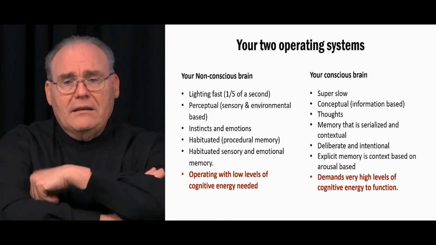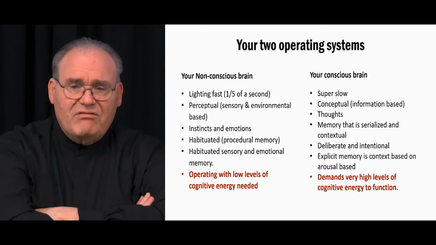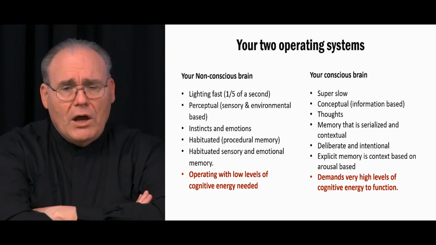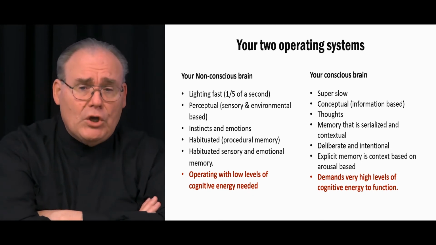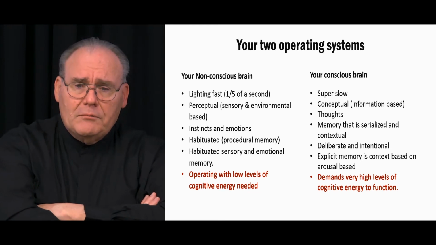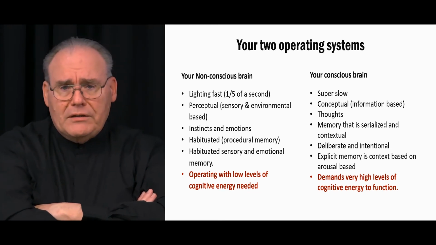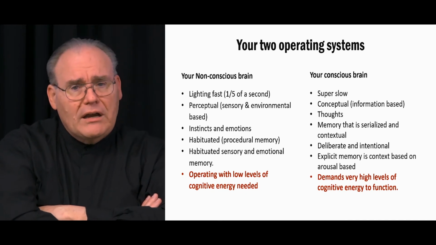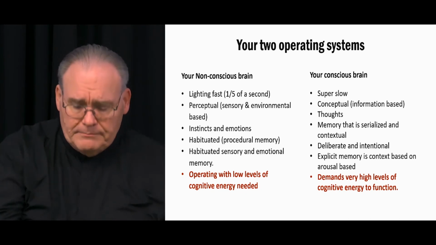And then finally, the demand for energy is very high, and it's very costly energy-wise to be conscious, to be present, to be fully aware, to be intentional, to be deliberate. It requires us to use high levels of energy. Well, why is that a problem?